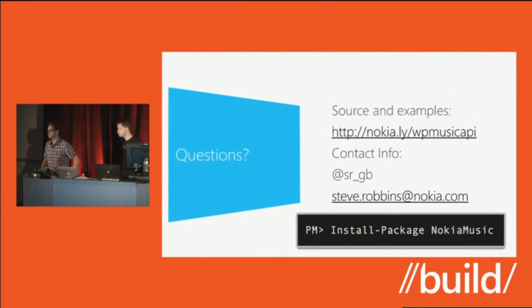So the question is, is this supported on Windows Phone 7? Yes, absolutely. This GitHub project has got a Windows Phone 7 assembly. Unfortunately, the app-to-app protocols are new, and they're only in Windows Phone 8. That's why I was talking about the web fallback.